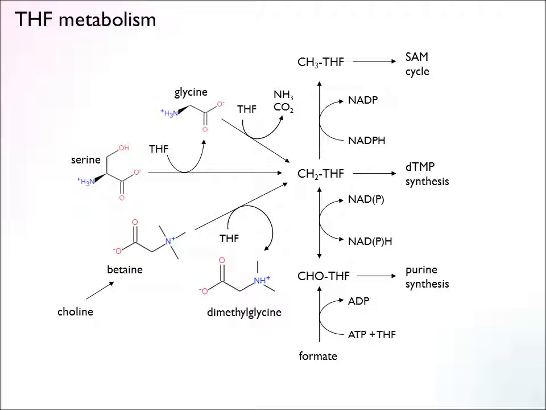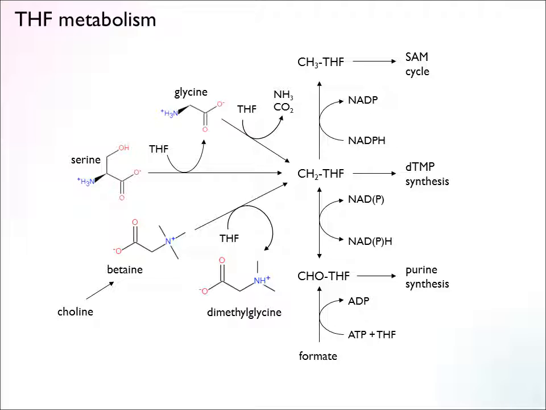And in some cells, glycine in turn can also be used to get one more one carbon unit. So then this carbon is transferred to the tetrahydrofolate, and again gives this methylene form of tetrahydrofolate. This is done by something called the glycine cleavage system, this enzyme complex.